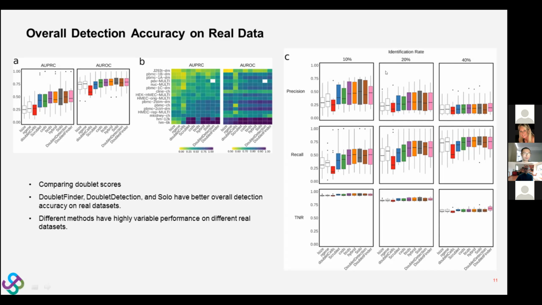Also, in reality, people have to define how many doublets they want to find. So here we let different methods find 10, 20, or 40% of doublets from the original data set, and then compare their precision, recall, and true negative rate. The conclusion is very similar to the overall detection accuracy.